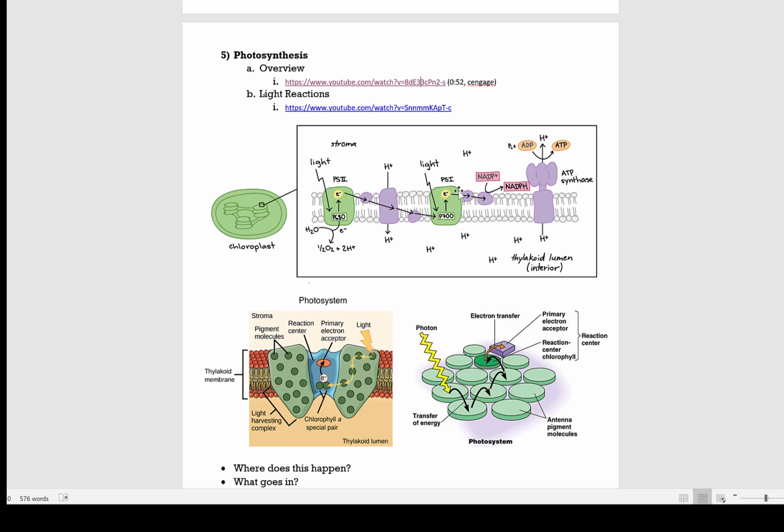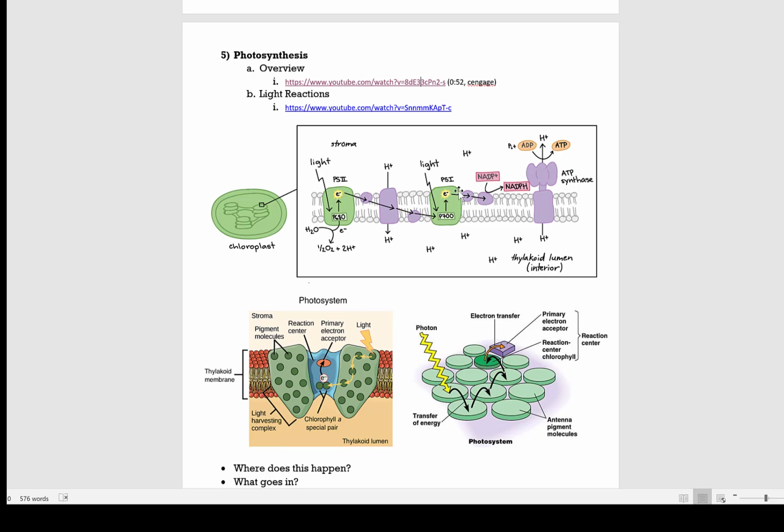And the chlorophyll molecule in photosystem 1, in the reaction center, is a chlorophyll A molecule, and it absorbs strongest at 700 nanometers. So the chlorophyll A molecule in photosystem 1 is called P700. And know that the concentration of protons increases in the thylakoid lumen.